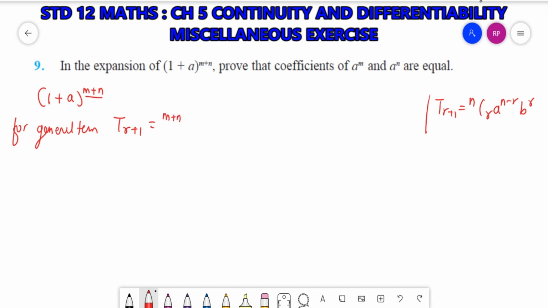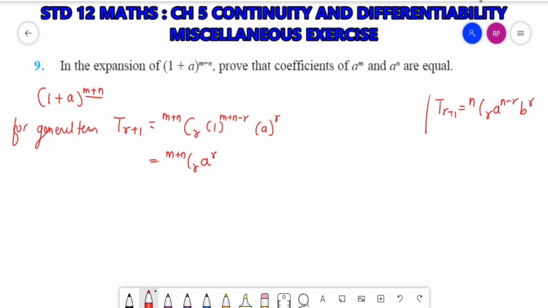So m+nCr, where a is 1 raised to (m+n-r), and b is a^r. This will be equal to m+nCr. 1, whatever power you put on the 1, it will always be equal to 1, right? So I am not writing this, a^r.